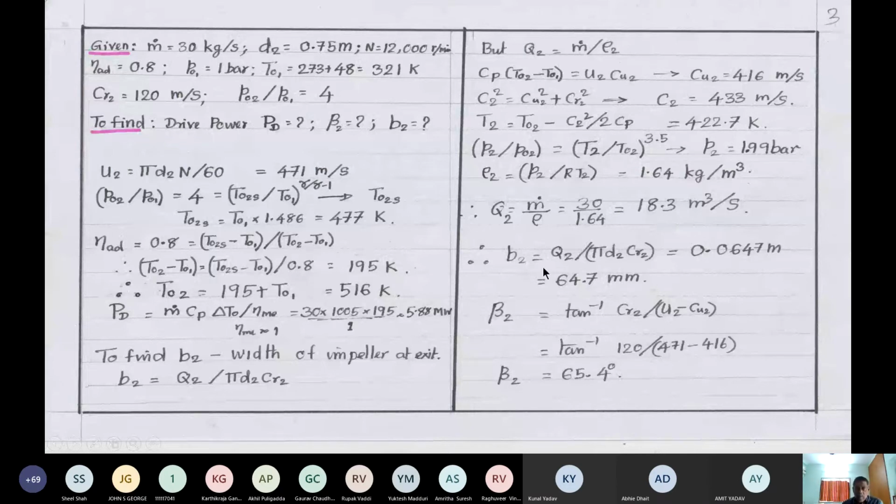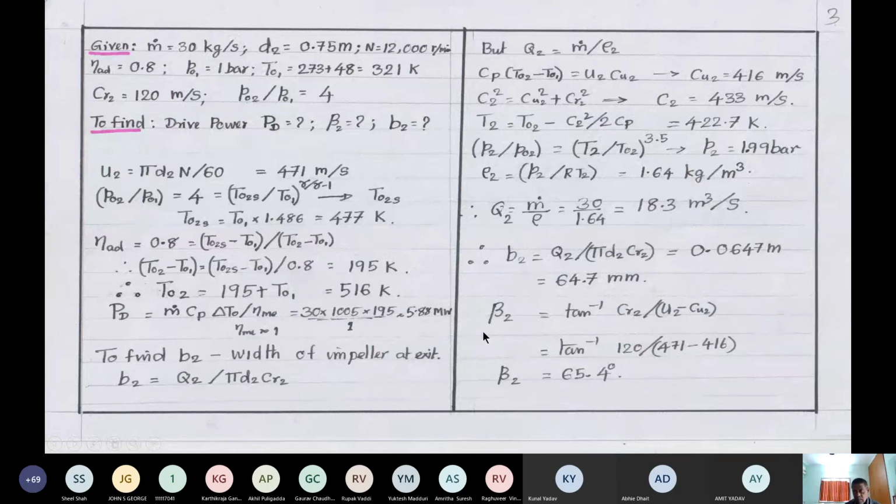So now I can calculate B2, that is Q2 divided by the area, which is pi D2 into CR2. CR2 is 120, D2 is 0.75 meters. So this equation will get me B2, which is 0.0647 meters or 64.7 millimeters.